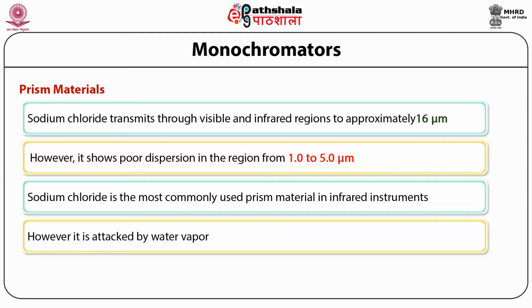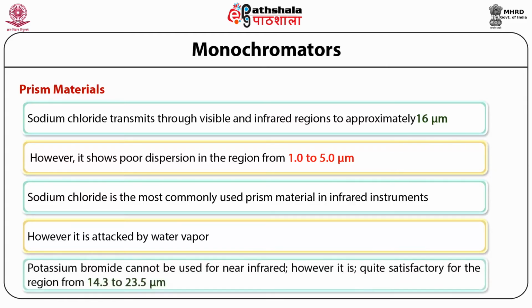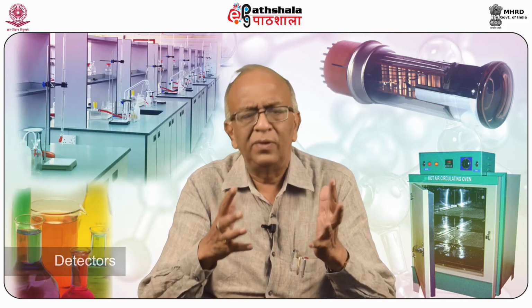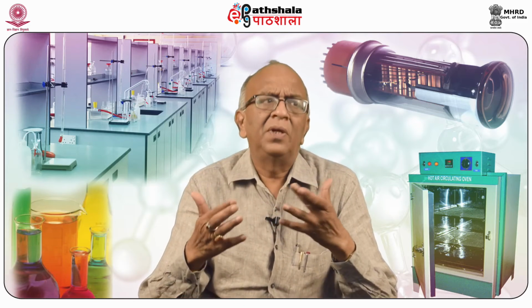However, it has a limitation that it is easily attacked by water. Another material, potassium bromide, cannot be used for near infrared. However, it is quite satisfactory for the region from 14.3 to 23.5 micrometers.